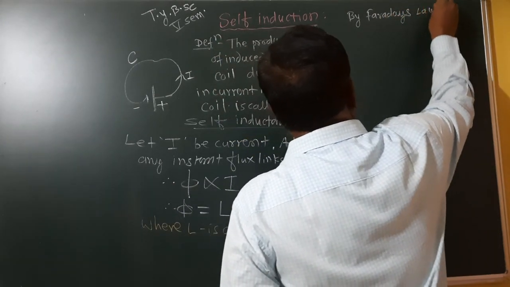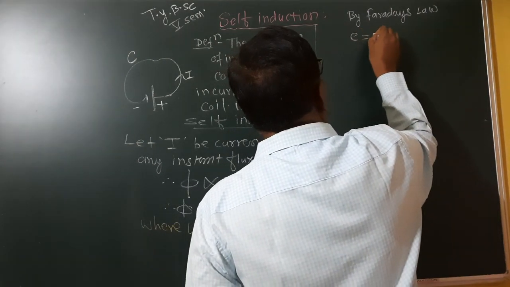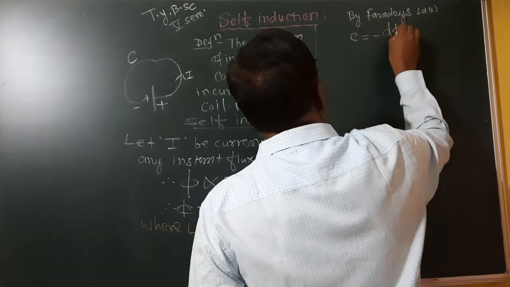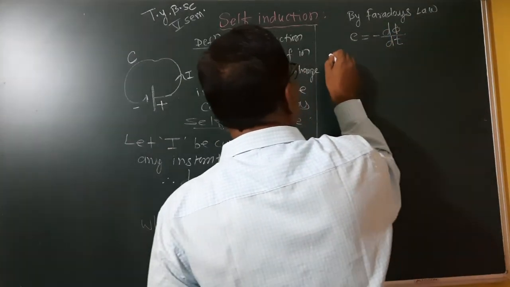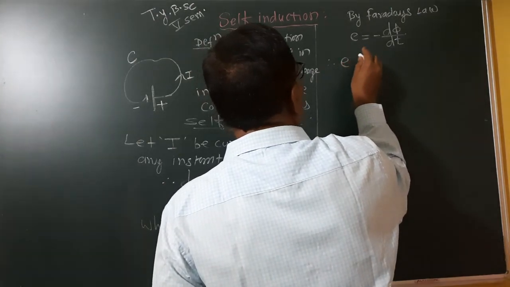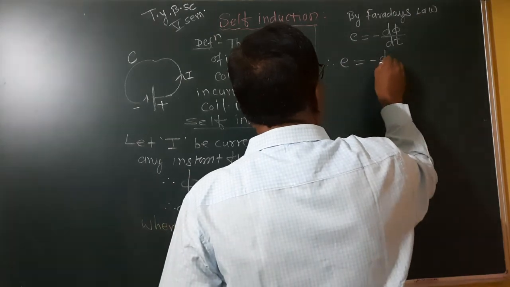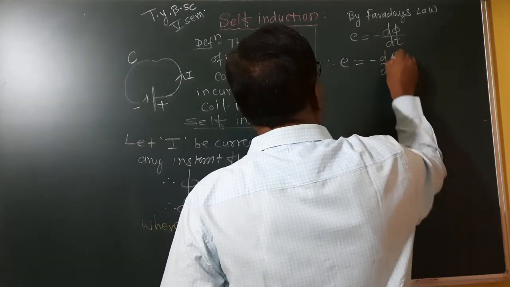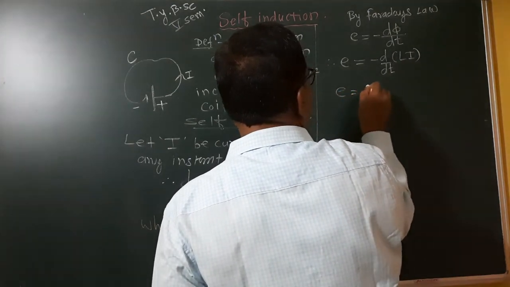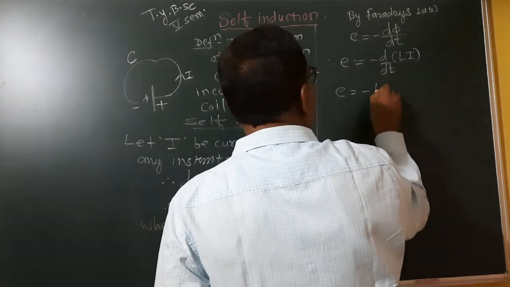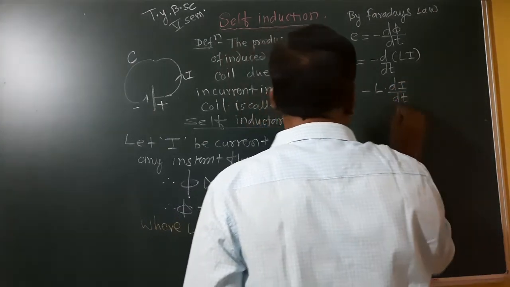By Faraday's law or Lenz's law, we have to say that E is equal to minus d phi by dt. Therefore, E is equal to, what is the value of phi here? L into I. Minus d by dt of L into I. Take L as constant, taken out, minus L into di by dt.